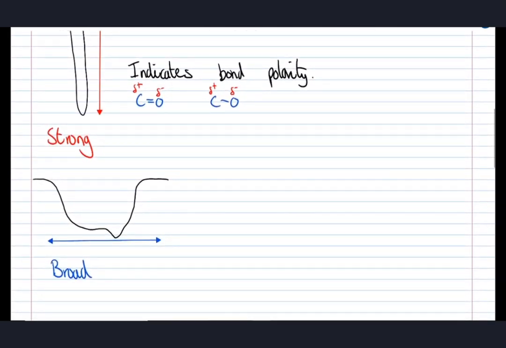And the second type of peak that we've got to talk about is a broad peak, when the stretch is very wide. This is indicative of hydrogen bonding. So let's have a think about hydrogen bonding.